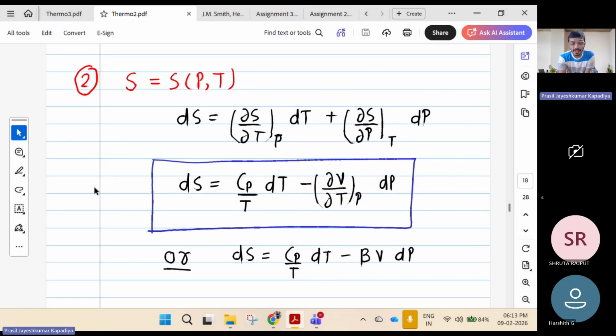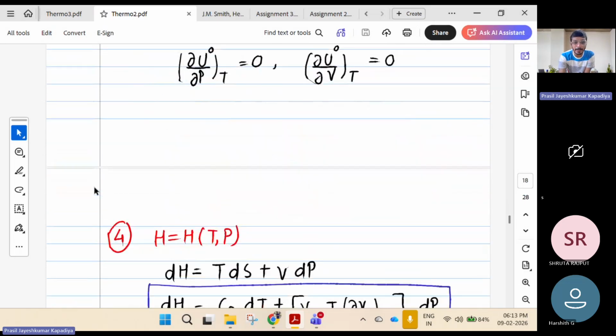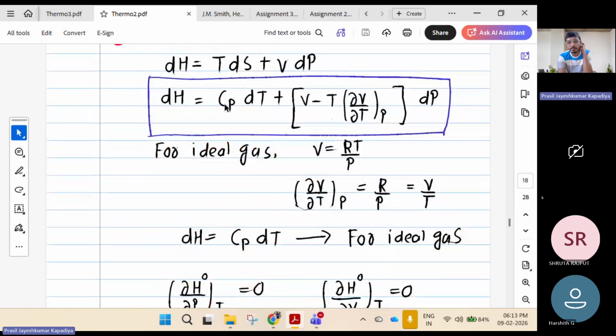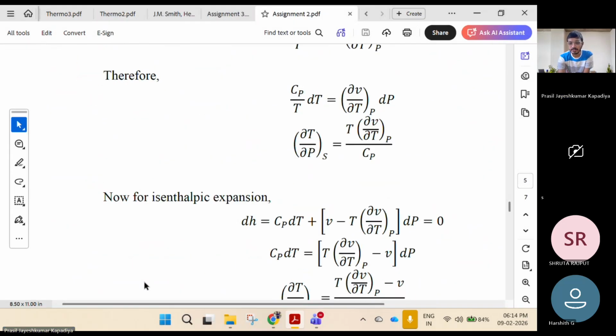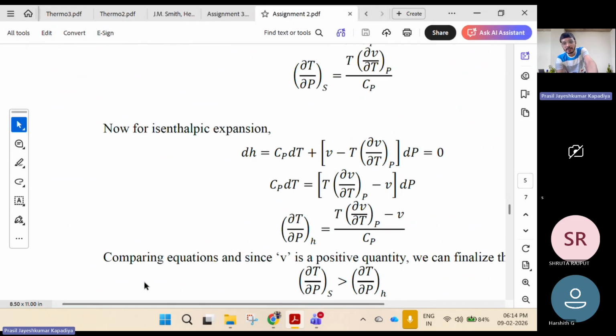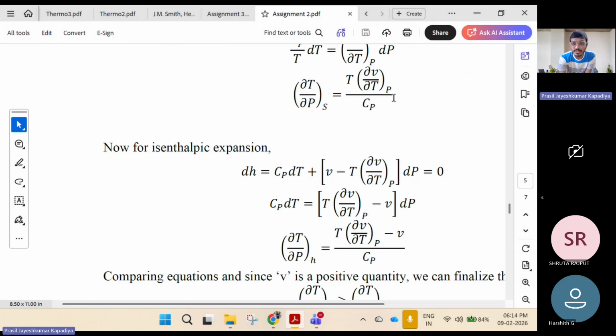So what will it be for the isenthalpic process? Same thing. This dH we will put equal to 0. Correct. So my del T del P will come out as this term divided by Cp. Correct. So this is my del T del P at constant enthalpy. So this is one equation for the isentropic process and this is the second for the isenthalpic process.